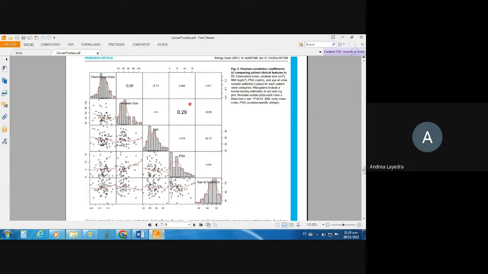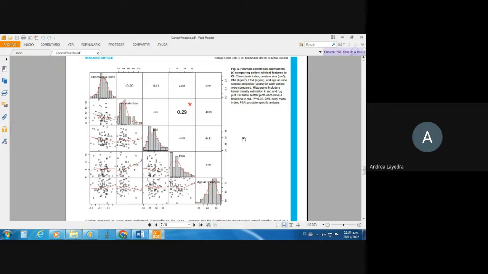And they did a relation between these values, and in this manner, they were able to increase the specificity to 85%. And it means the combined model accuracy improved to more than 80%.